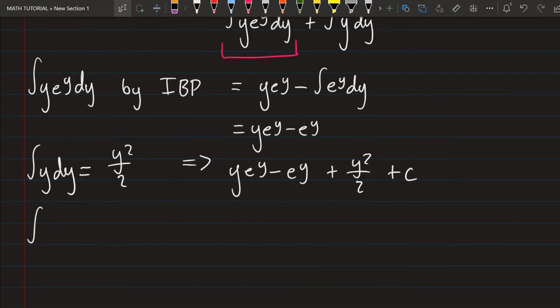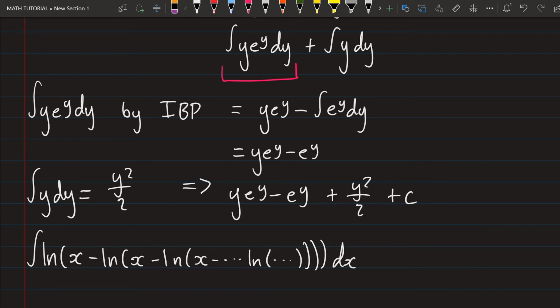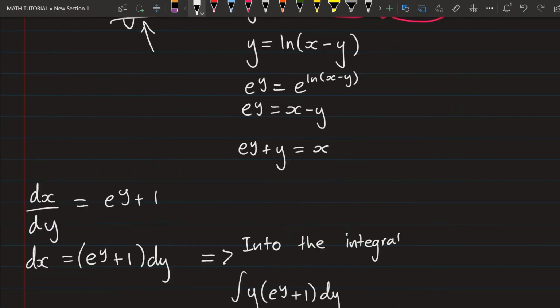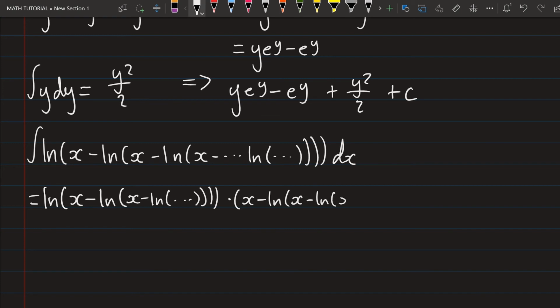So the integral of the natural log of x take away the natural log of x take away the natural log of x, and so on, dx is equal, so our y was equal to that stuff, the natural log of x, take away the natural log of x, take away the natural log of x, infinitely, multiplied by e to the power of this, so we just multiplied by x, take away the natural log of x, take away the natural log of x, and so on, infinite series there, infinite sum, sorry, whatever you want to call it, infinite function.